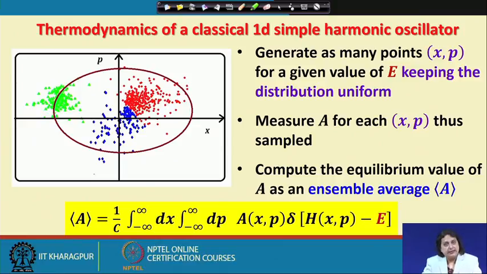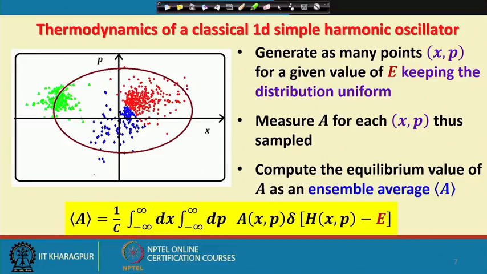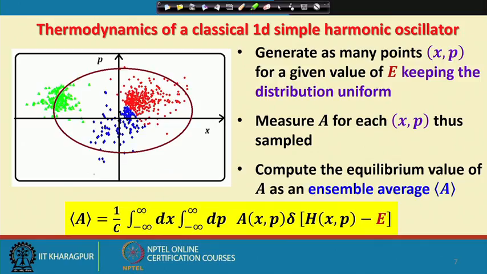So, what you have done is you have looked at all possible microstates in the ensemble, weighted each microstate with its average probability, which in this case is 1 by N if you have made capital N observations corresponding to the constant energy curve E. So, I will represent my average value of A with this bracket.